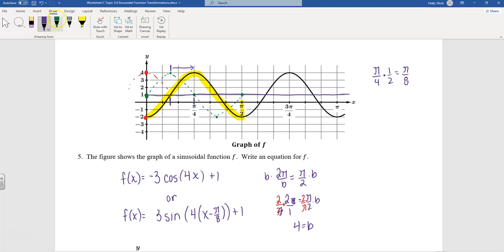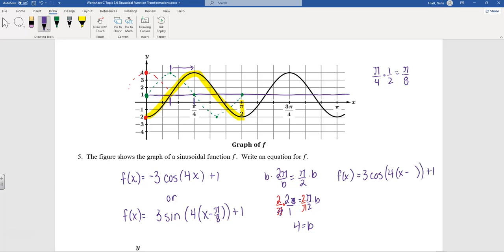Let's see. So you're saying f of x equals 3 cosine of 4, then extra parentheses, and then what have you got here? X, almost. You can almost do that.